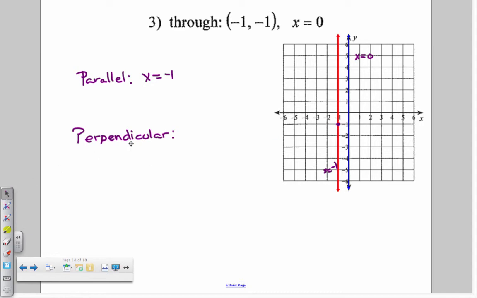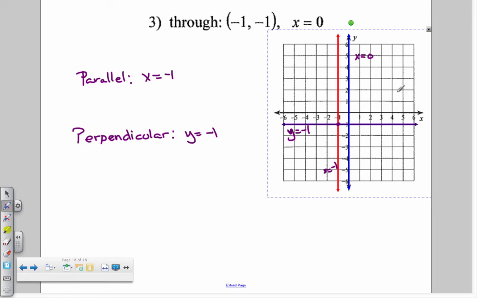Our perpendicular line is very similar. So our perpendicular line is going to go through the same point, but now instead of being vertical, it will be horizontal. So our purple line there is the line y equals negative 1. Because it is the horizontal line going through negative 1, negative 1. So horizontal lines are always y equals, and y equals negative 1.